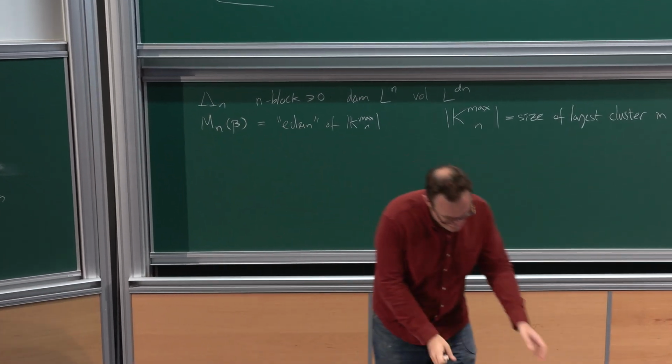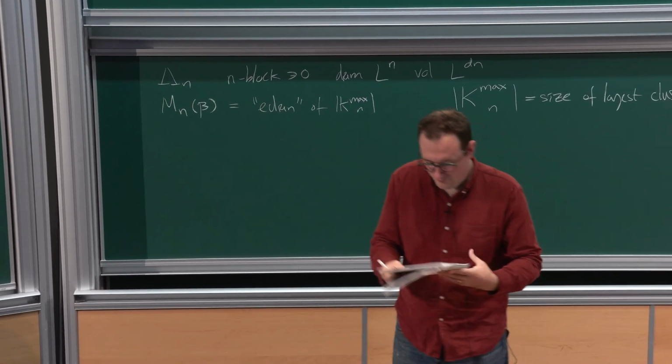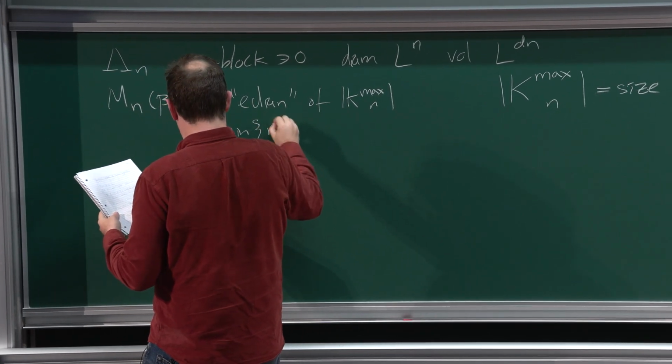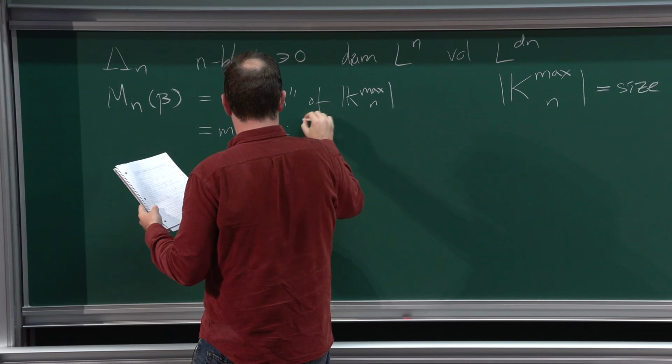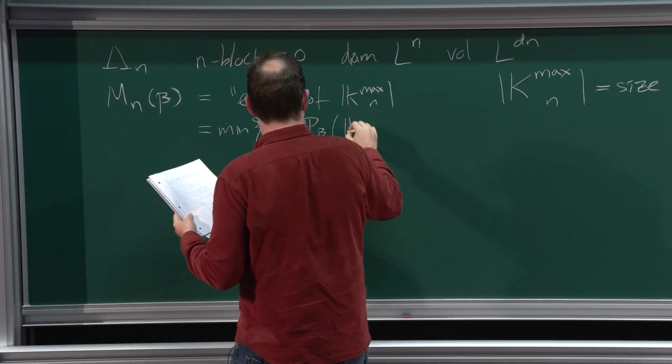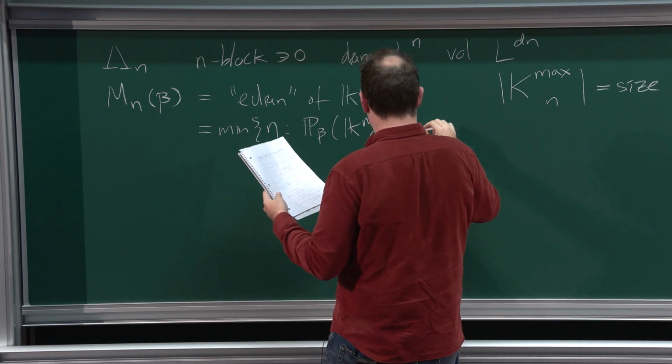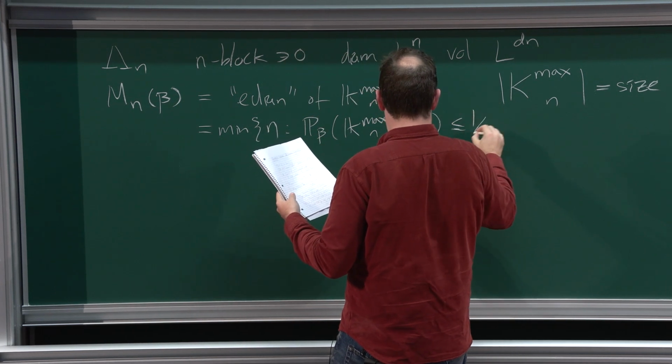By which I mean it's the minimum of n such that the probability that this largest cluster is at least n is smaller than 1 over e.